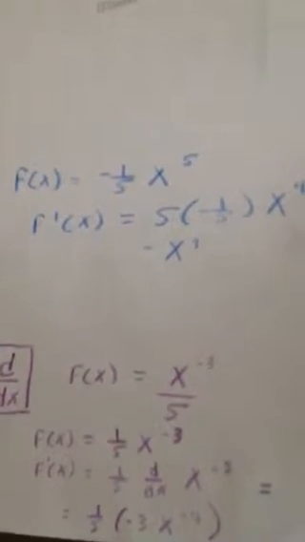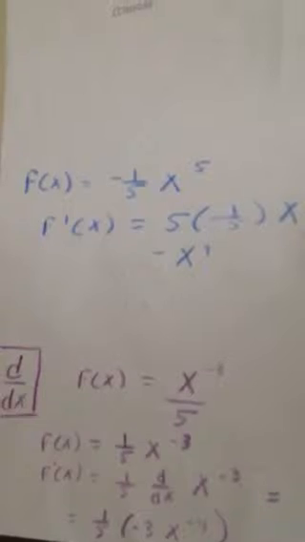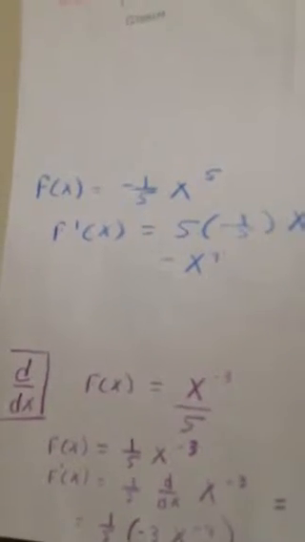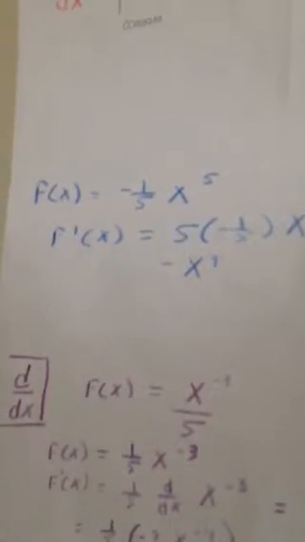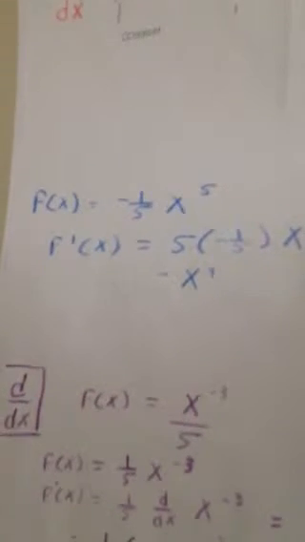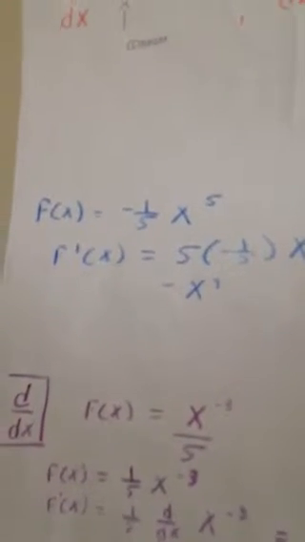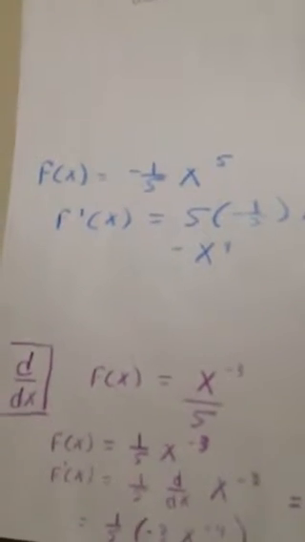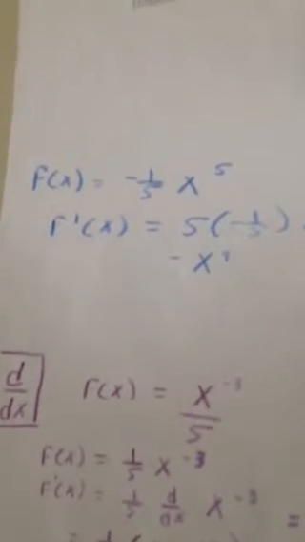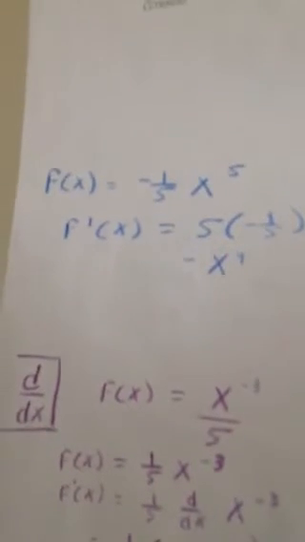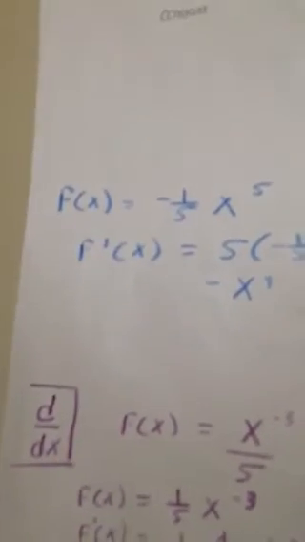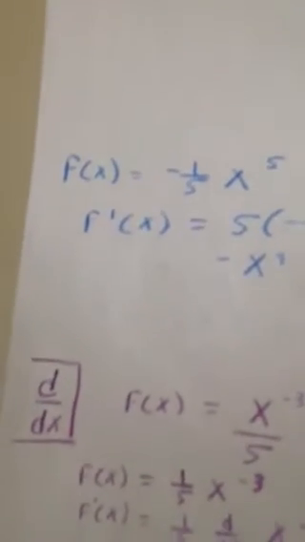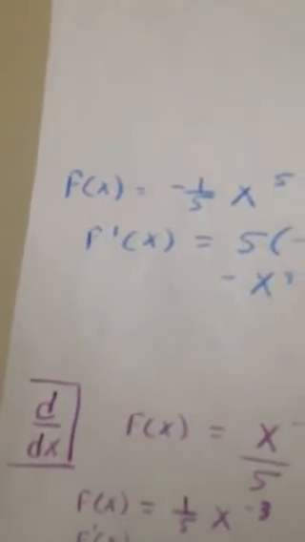What you would do is take f prime of x, take that 5, which is the exponent, multiply it by negative 1/5 and reduce the power by 1. 5 minus 1 equals 4, so when you multiply 5 times negative 1/5, you get negative x to the 4th. Or you can also write it as negative 1x to the 4th, but you don't necessarily need the 1 in front of the x.